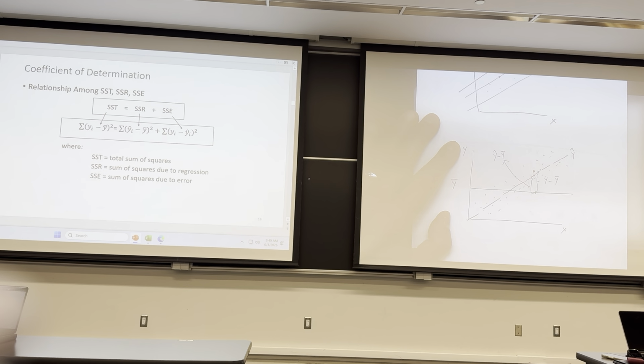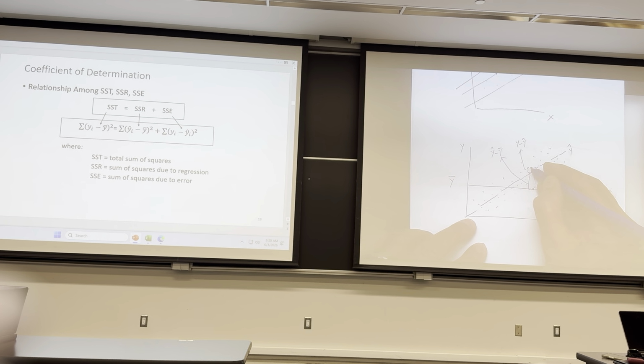How much error is still remaining? It is y minus y hat. Can you see that? So I have a choice. I can use mean as an estimate, and suppose the actual value is this.